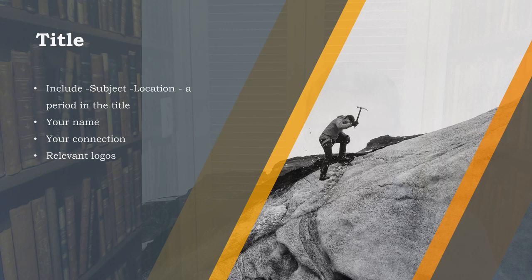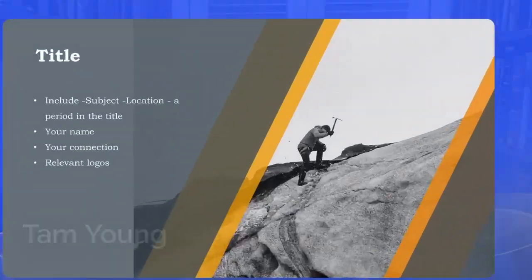So for example, the subject could be mountaineering, and then the location could be Nagoya, Japan, and the period would be 2023. Your name, so your full name, for example, my name is Tam Young, so I'd write Tam Young, just like here.